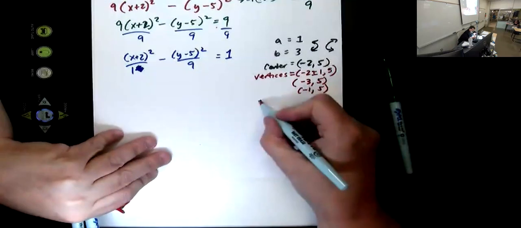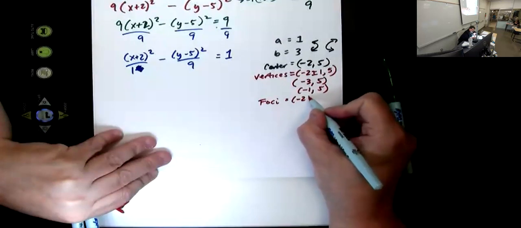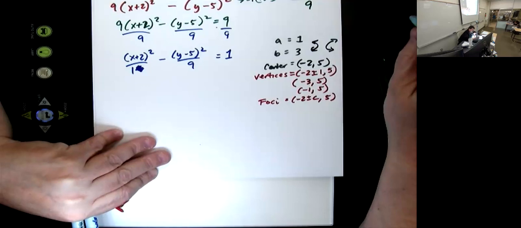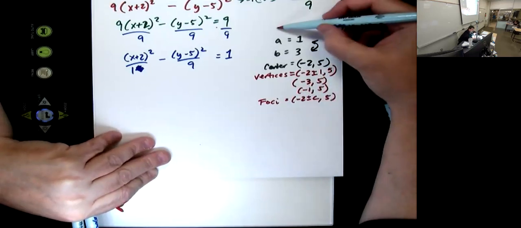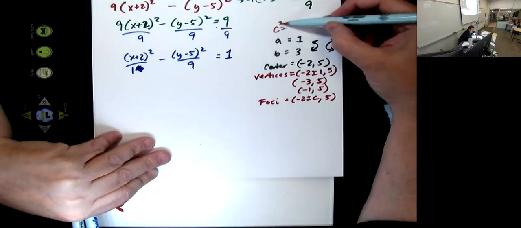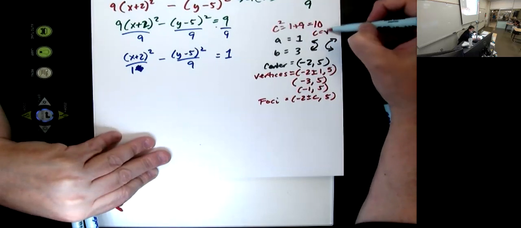My foci are at -2 plus or minus c, comma 5. What is c here? C squared equals a squared plus b squared. So 10, so c equals square root of 10.